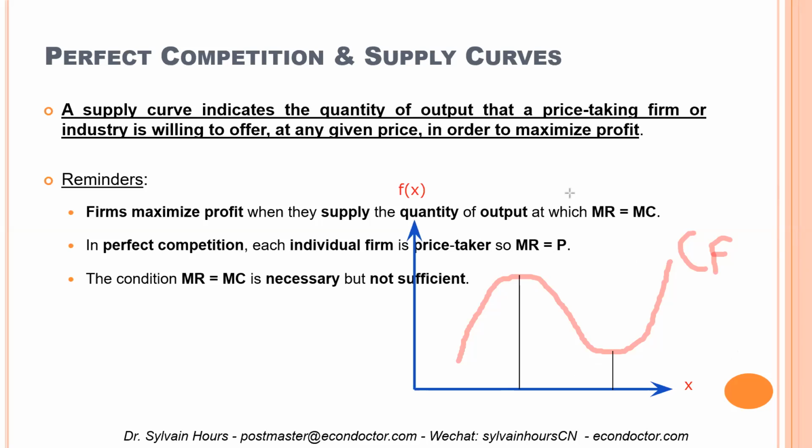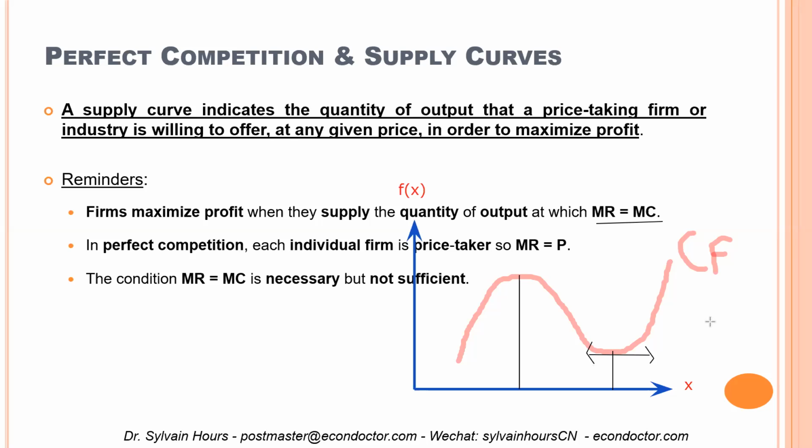So you have to make sure that when you try to maximize your profit, you don't actually minimize it. Let's say that this curve represents the profit. The quantity of output at which your profit would be minimum is also such that MC is equal to MR. So we have to be careful.